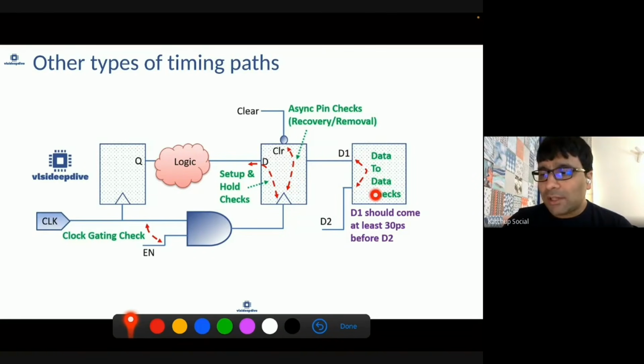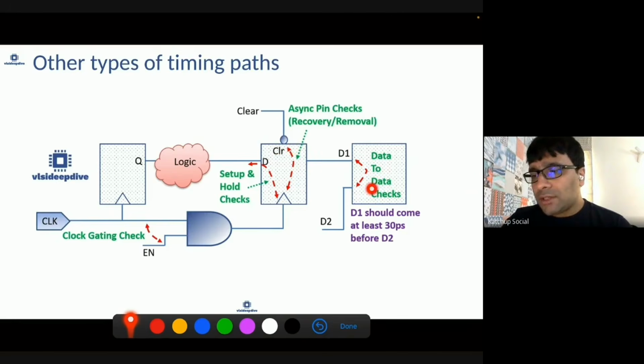For all these checks, the value is either added through constraints or present in the logical library. Like setup and hold timing, the requirement for reset and clear, the minimum value requirement, is present in the logical library.